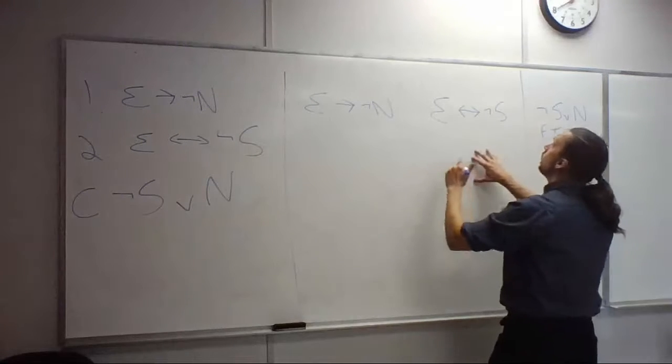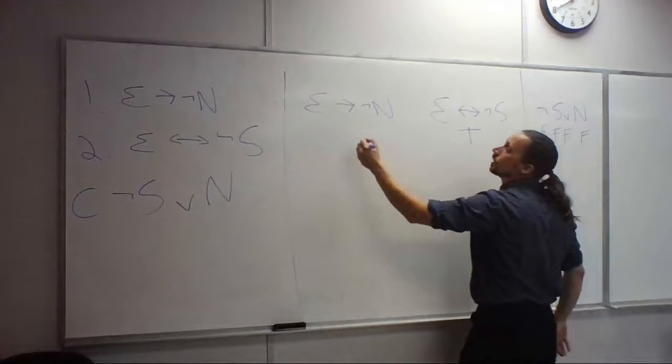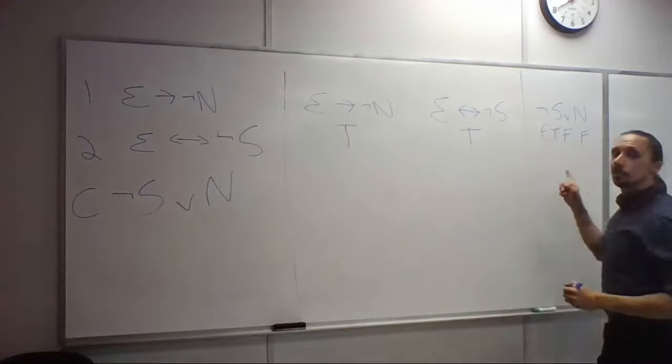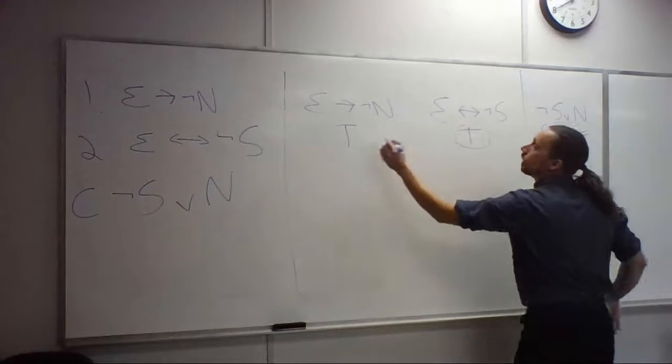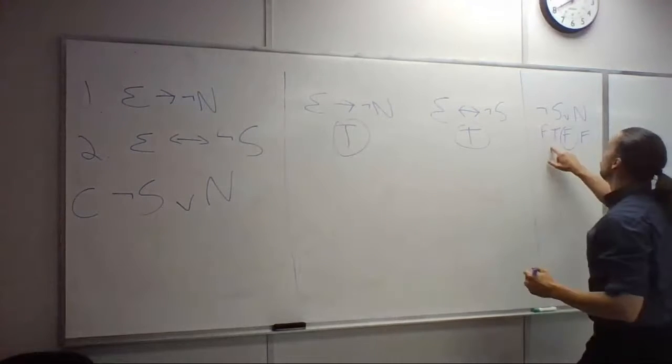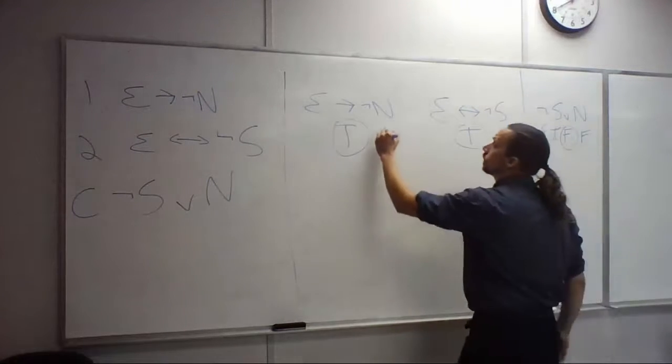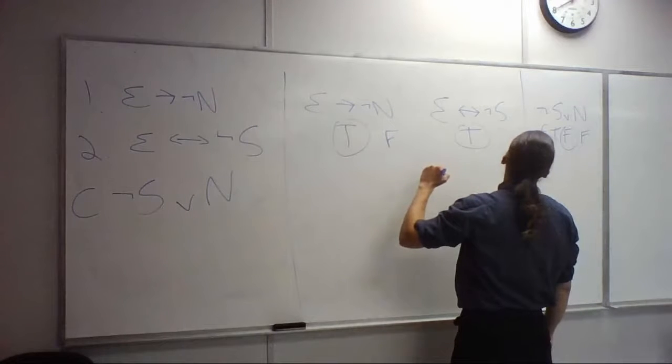However, I'm not done inputting my basic assumptions, which is that the premises are true and the conclusion false. So now I have true premises, false conclusion, and some forced moves here. N has to be false, and S has to be true.